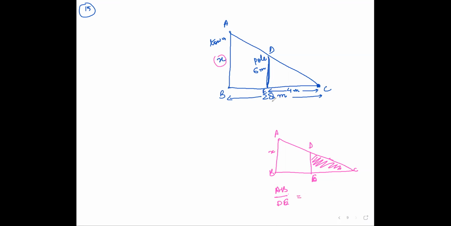Yes, ma'am. Because this side is known, so I'll take AB, then BC, and then EC. All right? Yes, ma'am. Now only AB you don't know. DE you know, right? 6 meter. BC you already know, 28 meter. And EC you also already know, 4 meter. You can find AB.